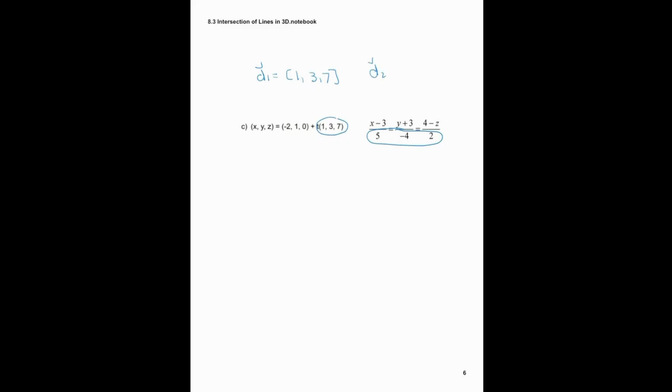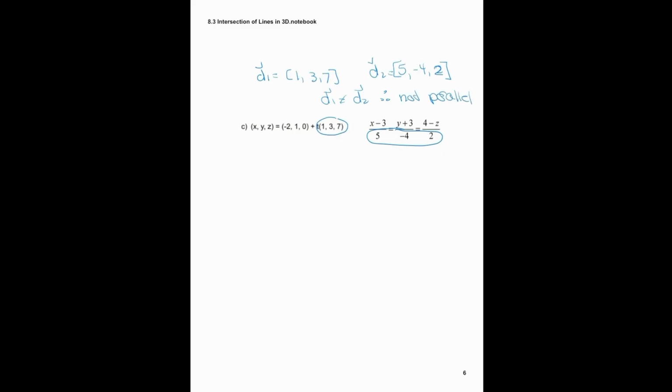We have a direction vector for line 2 of 5, -4, 2. So D1 is not a scalar multiple of D2, therefore they are not parallel.